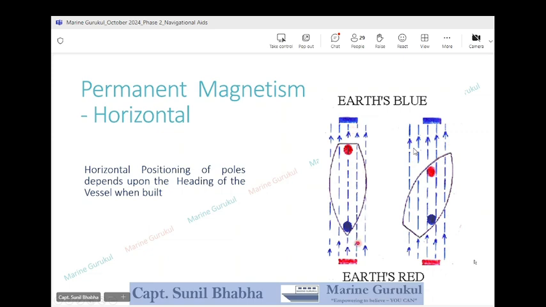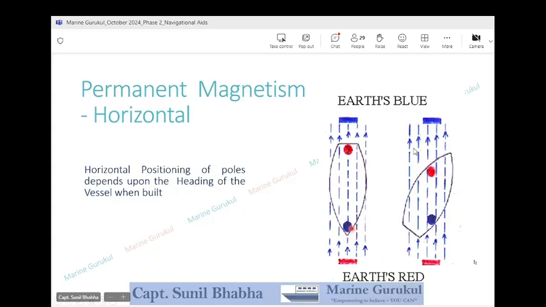Now this magnetic field is affecting the ship which is being built. And all these magnetic field lines are entering into the ship structure from the bow side, giving it a blue polarity, and they are leaving out from the ship from the stern side, giving it a red polarity.